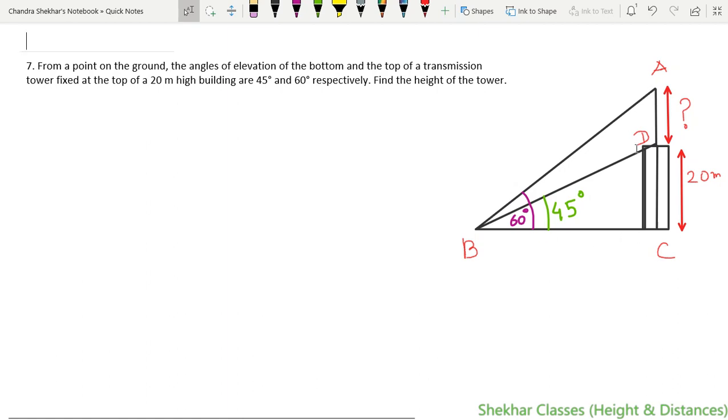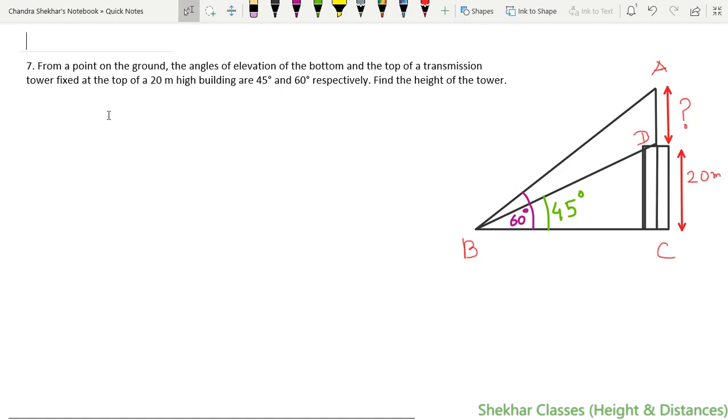In this ABC, angle 60 degrees is given, and BC we already have calculated. So with this BC and the angle 60 degree, we can find out the length AC, which is the perpendicular in this case. Now once we have found AC, from AC we will subtract the length DC to get the length AD.